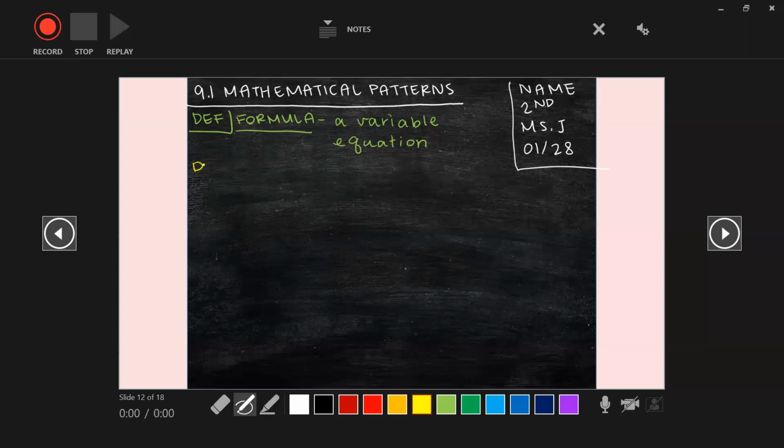Now let's talk about a sequence. A sequence is a list of numbers, and those numbers are called terms.